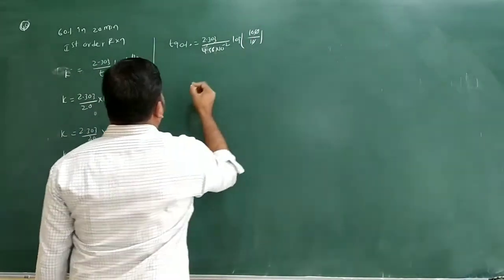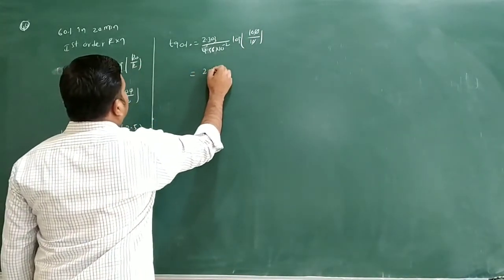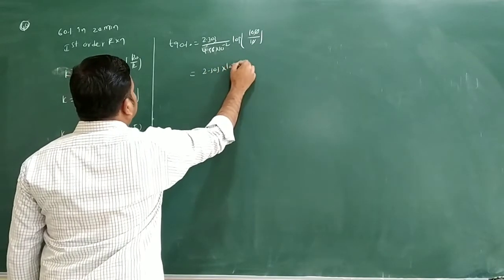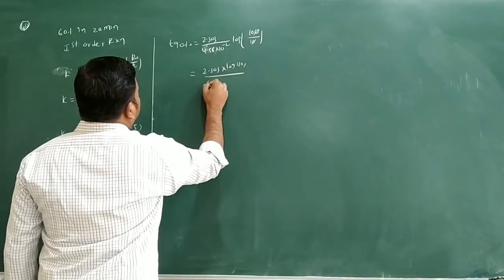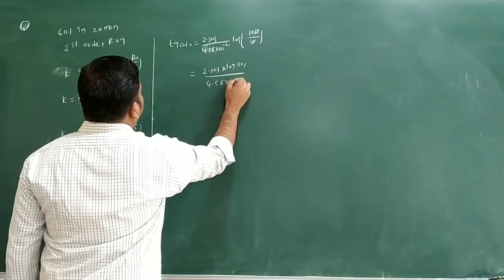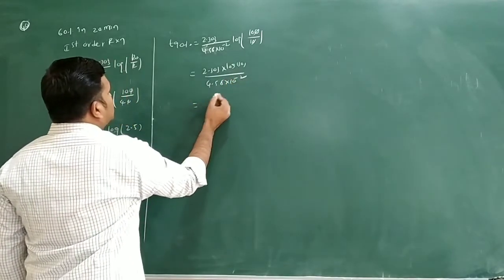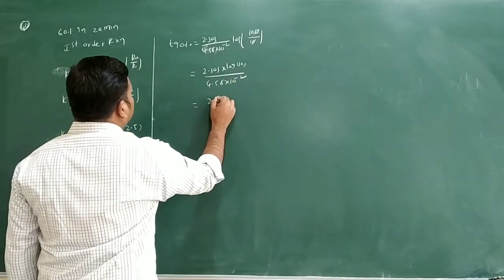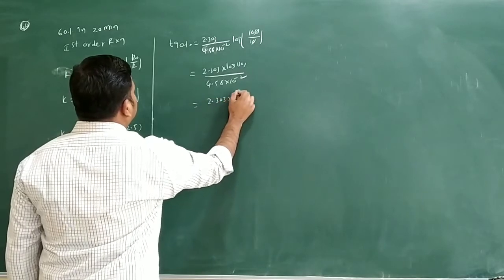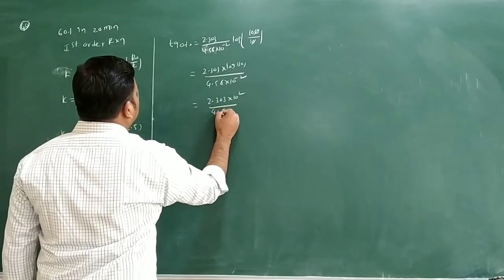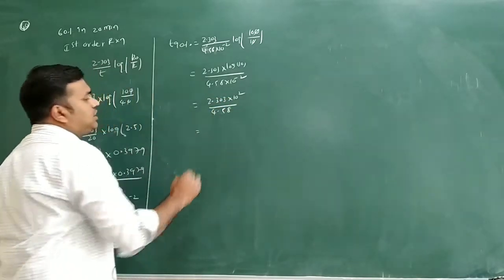So here the zeros cancel. So you will get 2.303 into log 10 by 4.58 into 10 power minus 2. Log 10 value is 1, so you will write 2.303 into 10 square by 4.58.